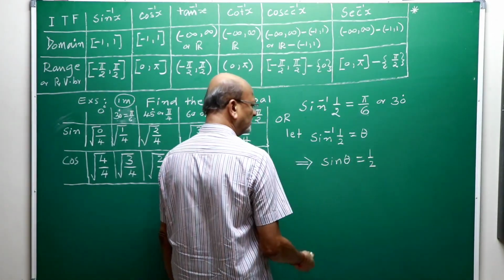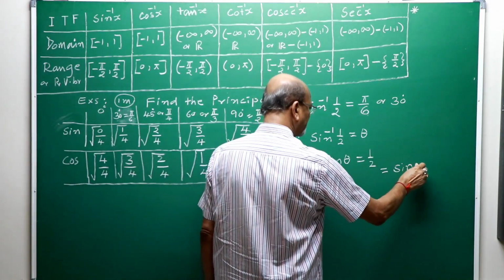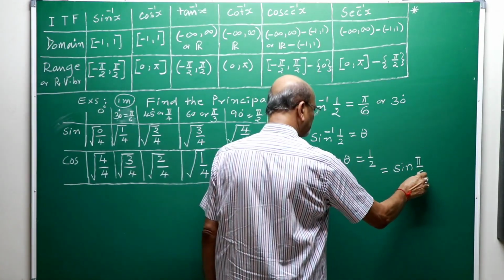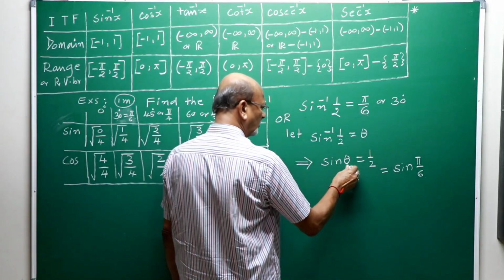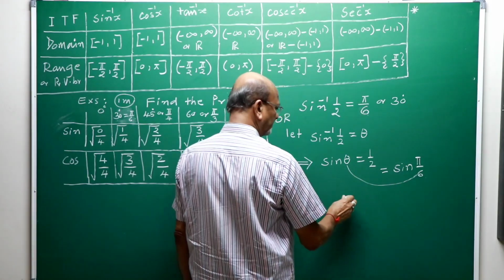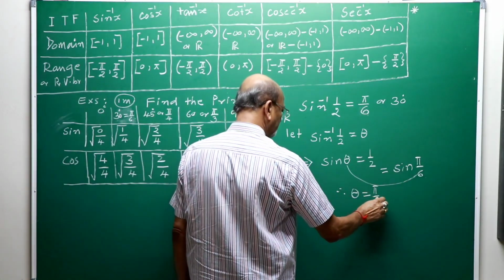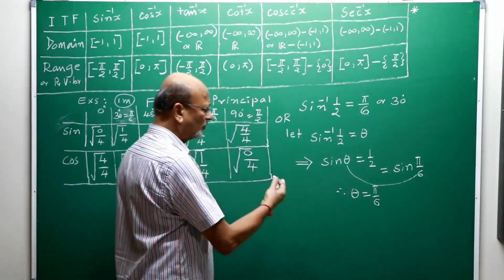Then what is this half? This half is nothing but sine 30 degrees. 30 degrees is pi by 6 radians. Therefore, what is the angle, my friend? Sin theta equal to sine 30. Therefore, theta is 30 degrees, pi by 6 radians. Hope it is clear.